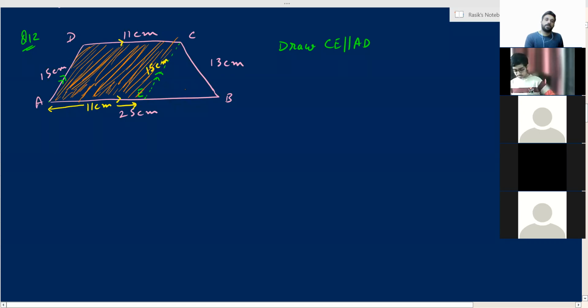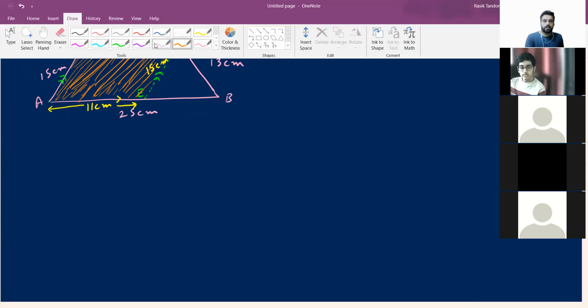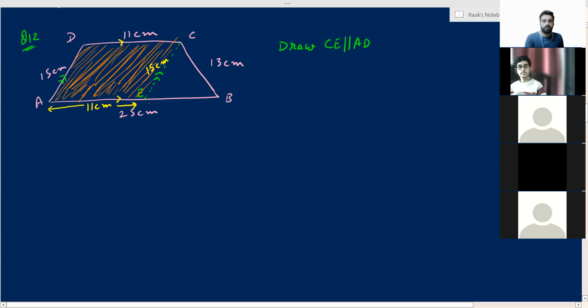Now, you can easily find BE. This is AB, 25 centimeters. If we subtract AE from AB, we will get BE, that is 14 centimeters. Any doubt in this? BE is 14 centimeters now.